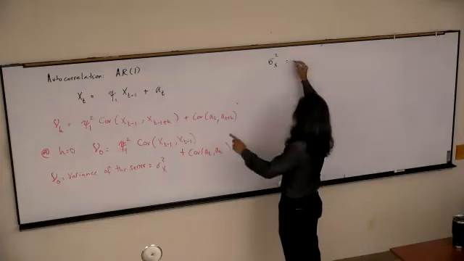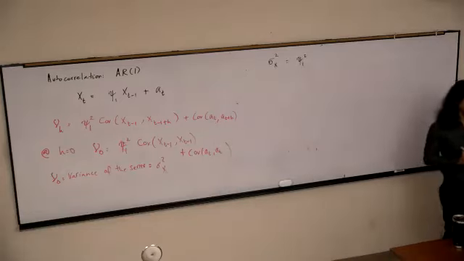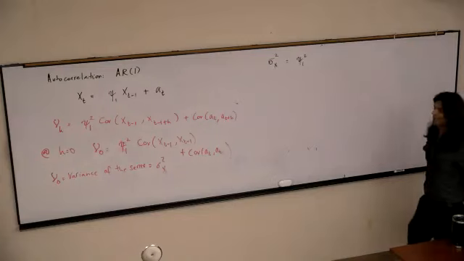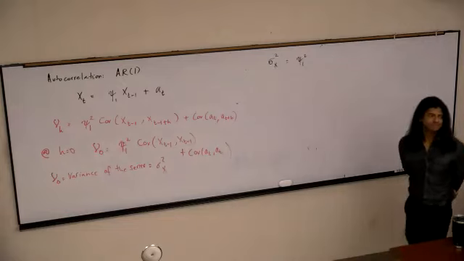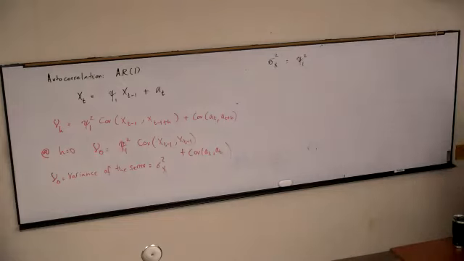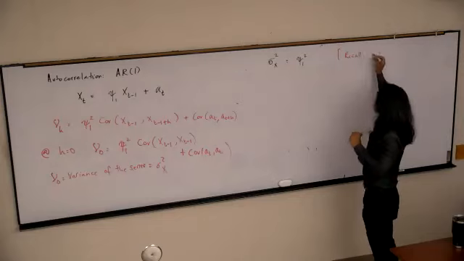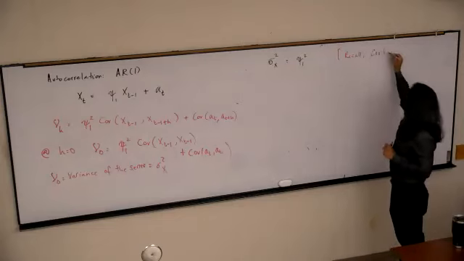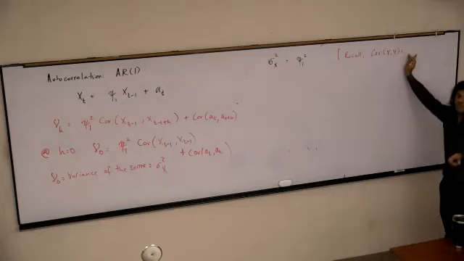Right hand side, psi 1 squared, what is covariance of xt minus 1, comma xt minus 1? Covariance of x comma y is just covariance.